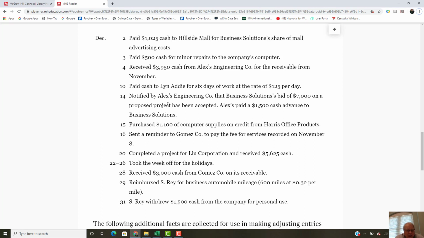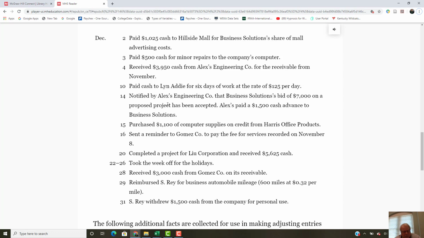So if something happened and they said, you know what, we thought it over, we really can't handle this job, or whatever the case might be, maybe their company burned down or somebody died, they would have to refund the $1,500 cash. So at this point, it's not a revenue. At this point, it is a liability.